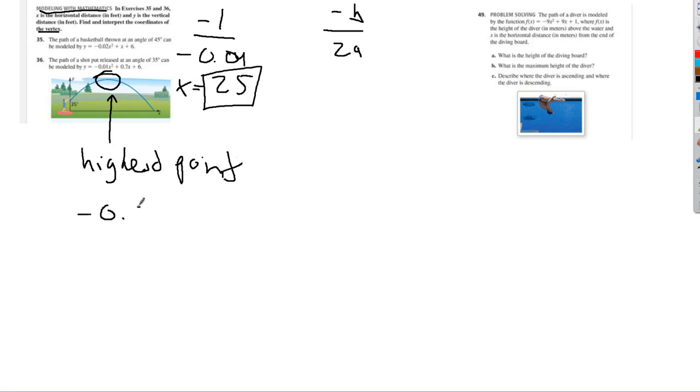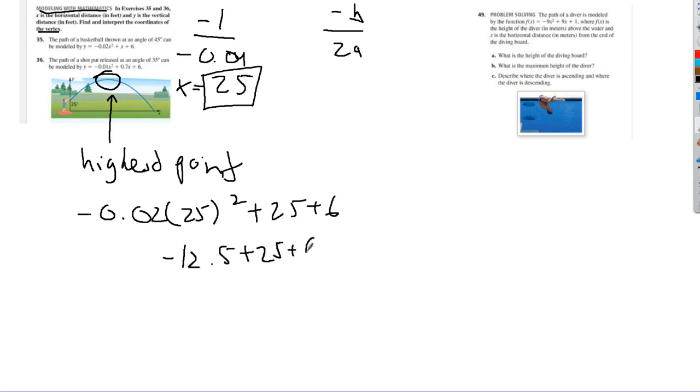You'll get negative 0.02 times 25 squared plus 25 plus 6. 25 squared is 625, multiplied by 0.02 is 12.5. So negative 12.5 plus 25 plus 6 will get you 18.5 feet.